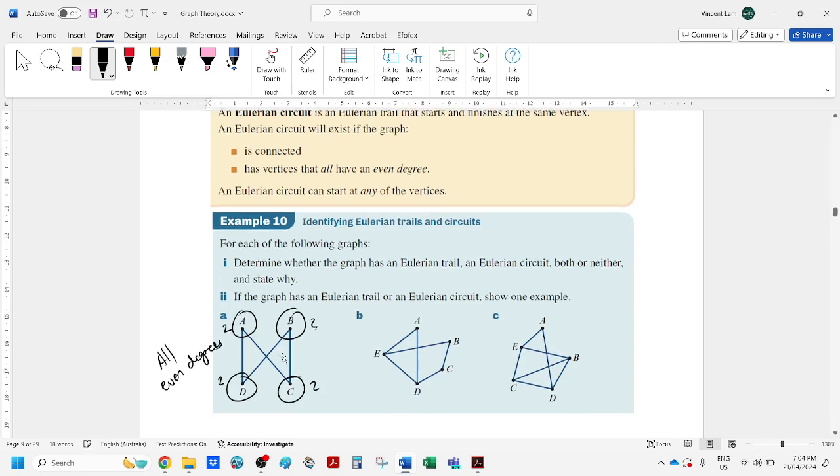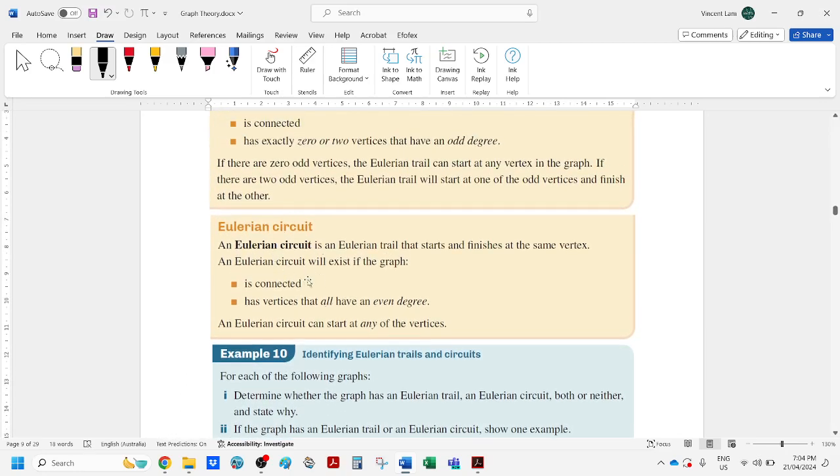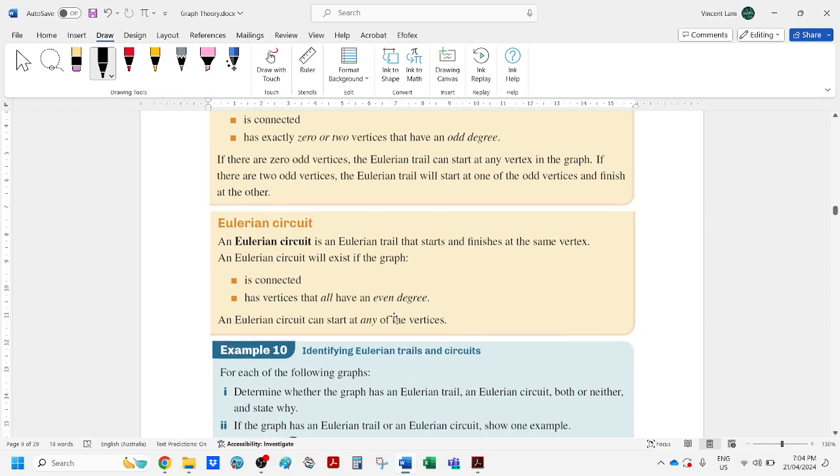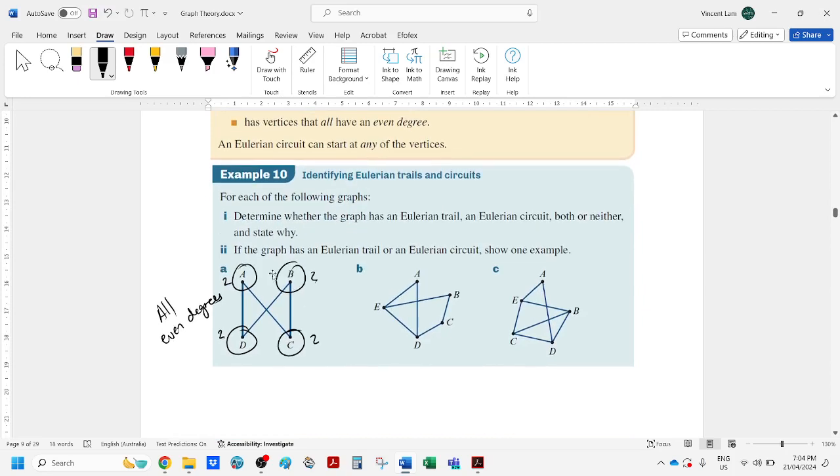Okay, so let's go to Eulerian circuit. I've jumped ahead a little bit. An Eulerian circuit is an Eulerian trail that starts and finishes at the same vertex. An Eulerian circuit will exist if the graph is connected and has vertices that all have even degrees. Okay, so that means, see how this one has all even degrees? And the question is, determine whether the graph has an Eulerian trail, an Eulerian circuit, or both, or neither, and explain why.